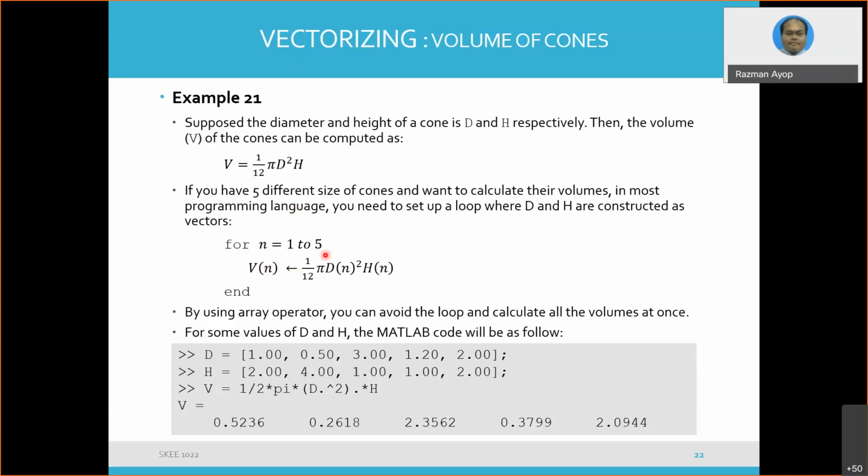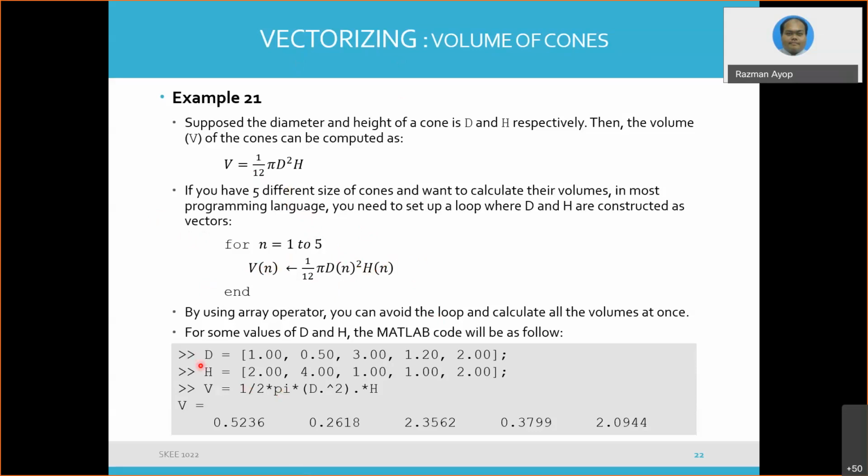You have 5 data, and then you insert that data inside here. You can do this, but you can see here you have problems doing the coding. You have to include this, and this. It's much more complicated if you use the for function. Because MATLAB has a vectorizing function, you can use this.